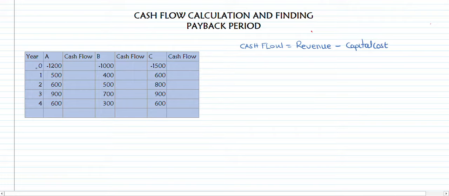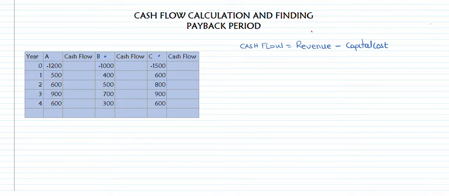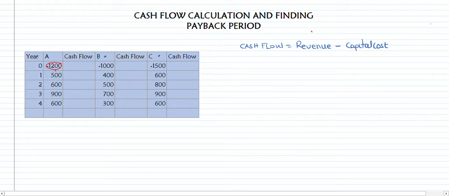In the first year, we have three major projects: Project A, Project B, and Project C. Now the values here are our capital cost. Project A had a capital cost of 1,200, Project B 1,000, Project C 1,500. Now we're going to find the cash flow.